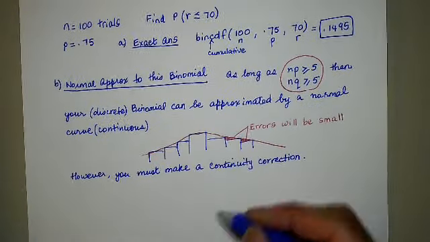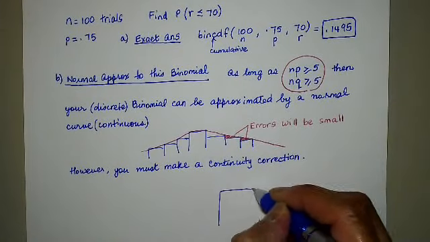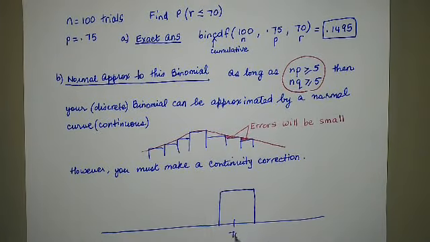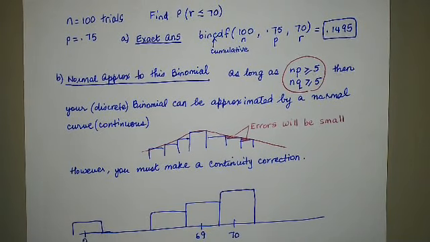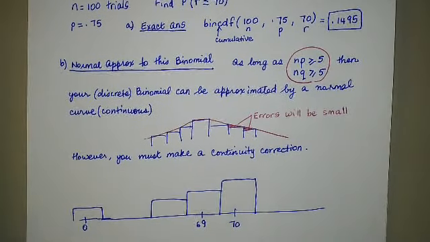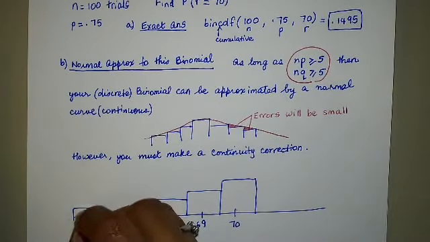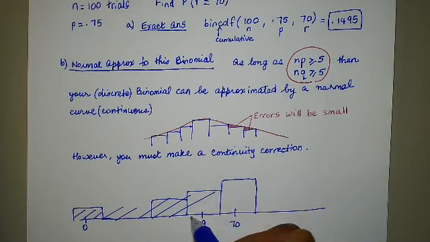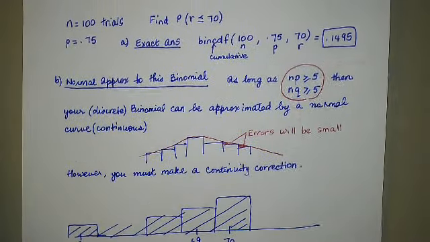So look what I mean by that. I'm interested in the bar for 70. Remember, this is discrete. So I have a bar for 70 and a bar for 69 and so on, all the way down to 0. And the exact answer would take the sum of all these probabilities, all the way to the bar for 70.